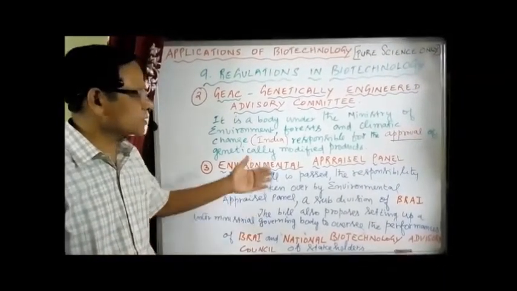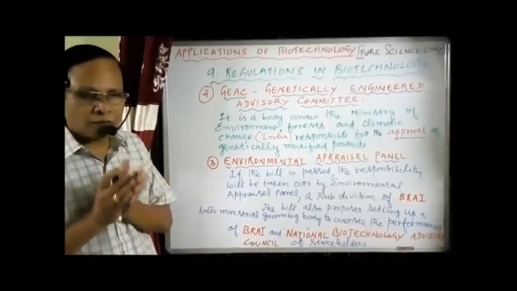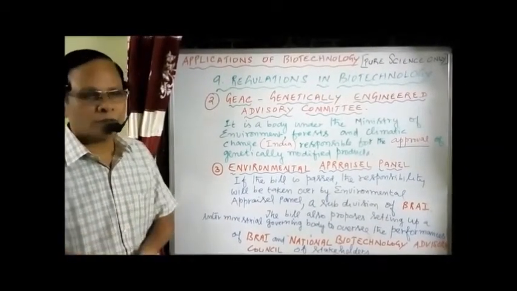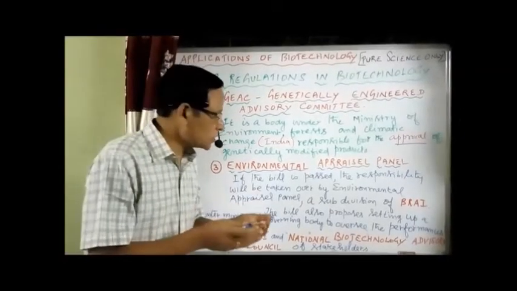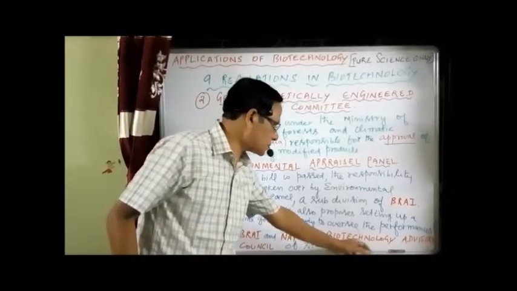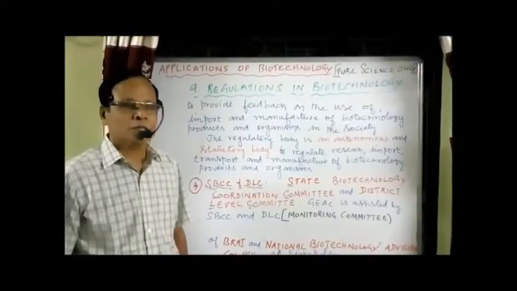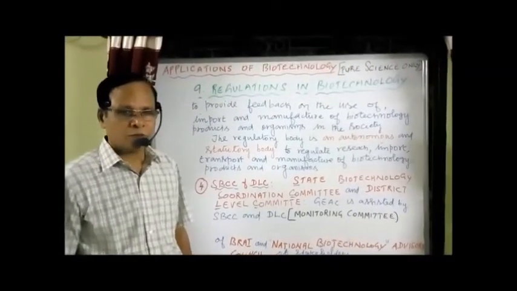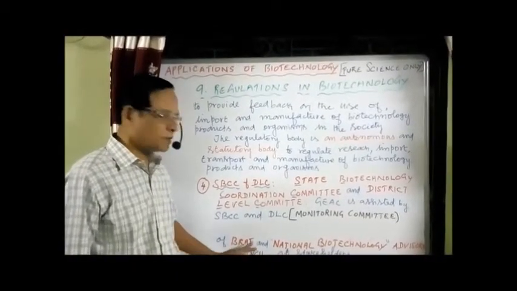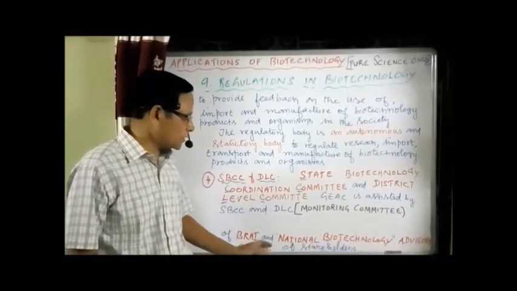All of these are set up once the bill has been passed. What for? To give feedback on the use of, import and production of biotechnology products and organisms in the society. I will continue with the statement here. A governing body has been set up to oversee the performance of the Biotechnology Regulatory Authority of India as well as the National Biotechnology Advisory Council of stakeholders.